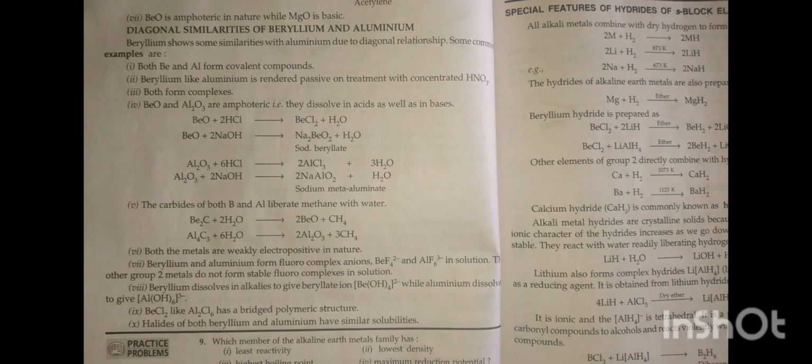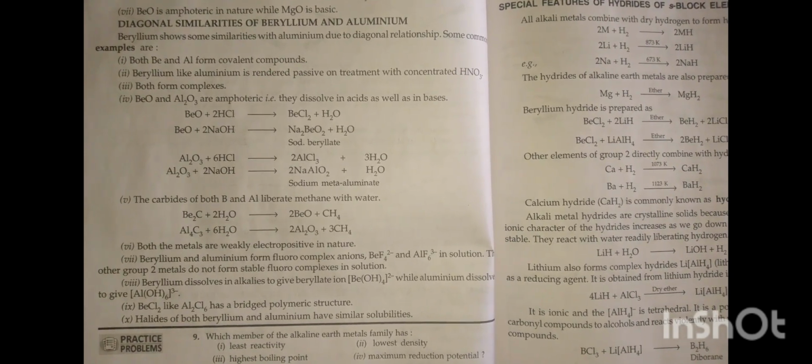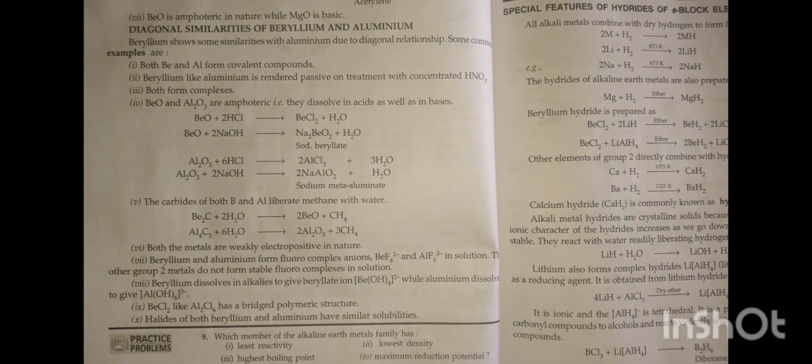Both the metals are weakly electropositive in nature. Beryllium and aluminium form fluoro complex ions in solution. The other group 2 metals don't form stable fluoro complexes in solution. Beryllium dissolves in alkali to form the beryllate ion, while aluminium dissolves to give [Al(OH)6]3-.